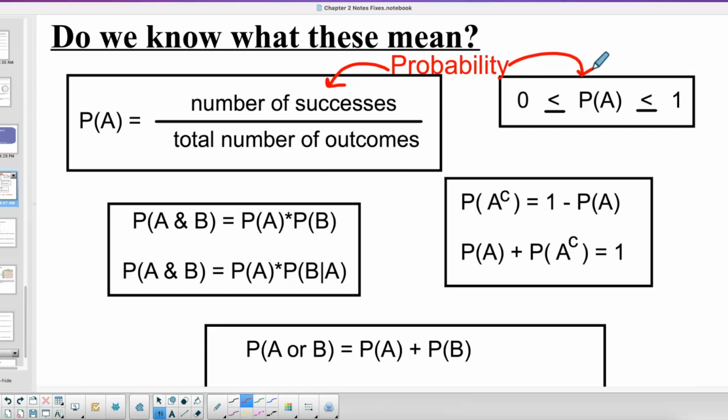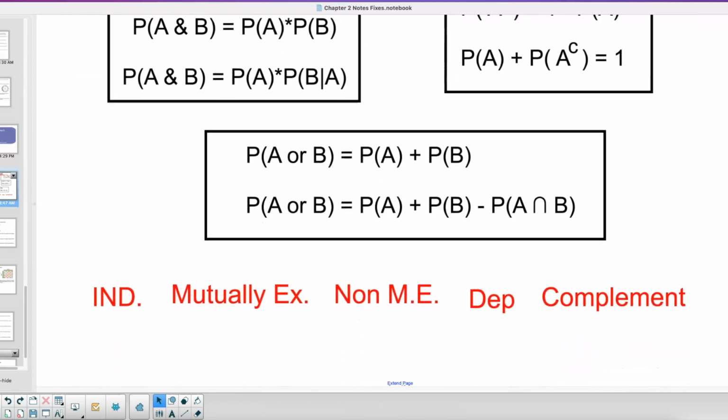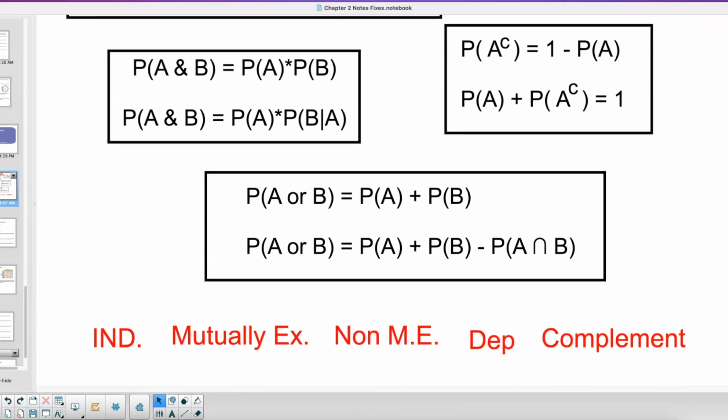Then if we scroll back down, the box on the left is going to be between two different things. This one right here is what you do for independent probability. You multiply the probability of A times the probability of B. Then this one's called dependent probability, where the only main difference is this part right here, which maybe didn't come up in our notes.